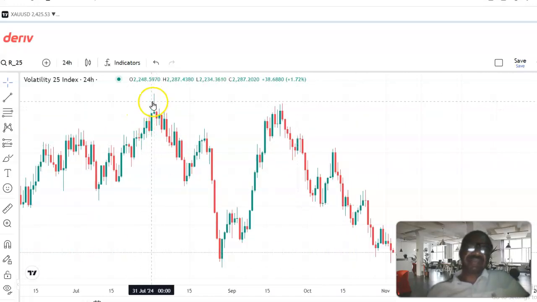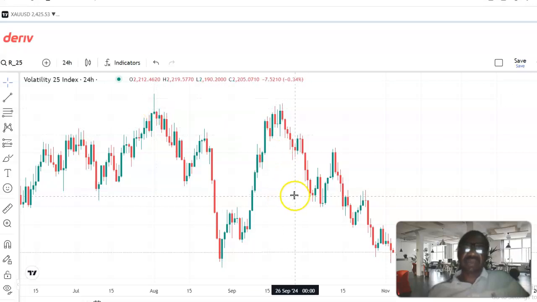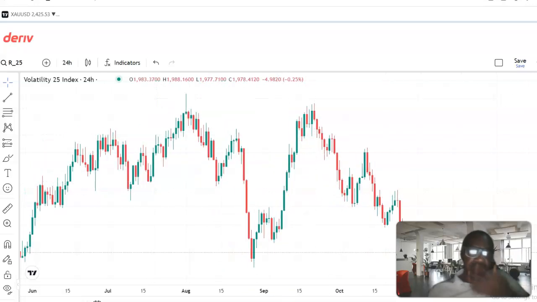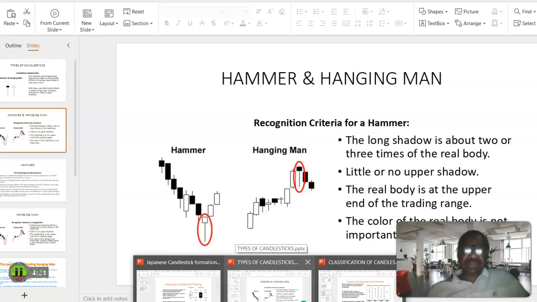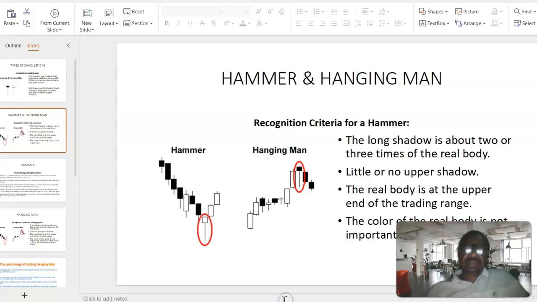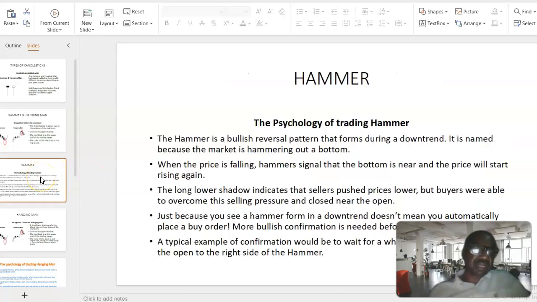This is called an inverted hammer, which I will also come to later. Let's go back now. You can see the hammer used to reverse a bearish trend.